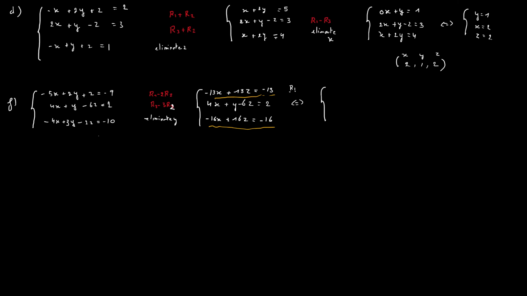So row 1 divided by minus 13, and row 3 divided by minus 16. We end up with x minus z is equal to 1. This 4x plus y minus 6z is equal to 2, and this is going to be x minus z is equal to 1.